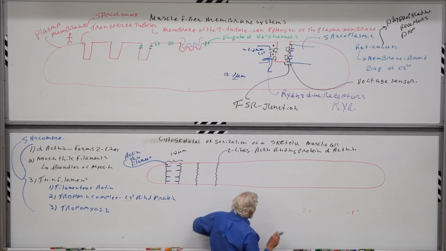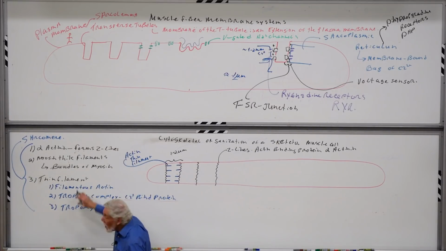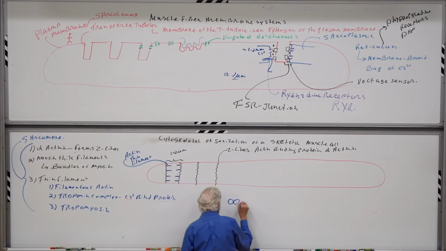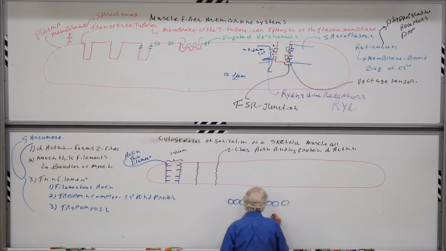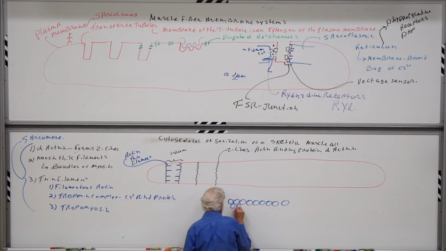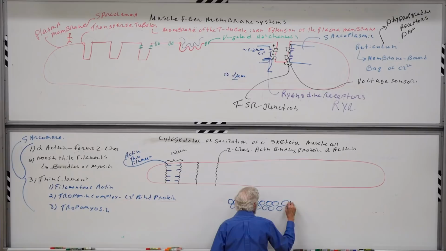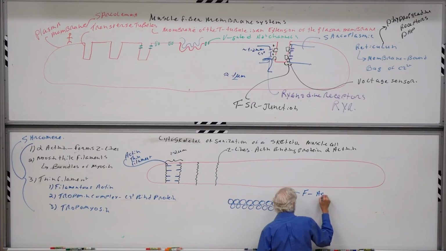If we look at one of these actin thin filaments, they are, as I've mentioned here, composed of 3 separate proteins. So each actin filament is composed of a polymer of G-actins. So this really is nothing more than what we referred to earlier as F-actin.